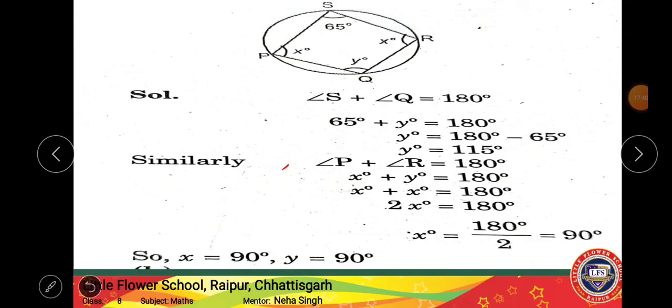Angle R is also X degree, and Y value is 115 degree. So we got X as 90 degree and Y as 115 degree.